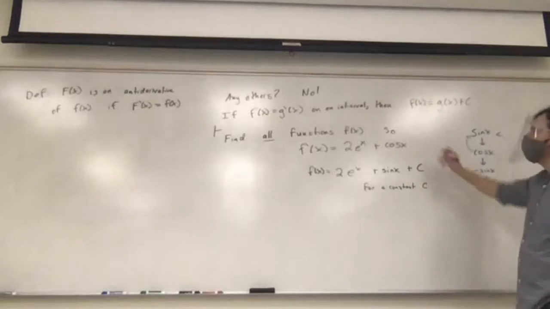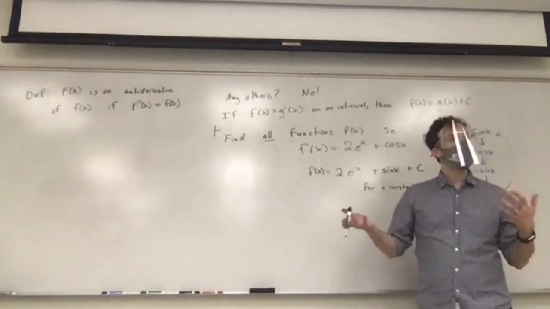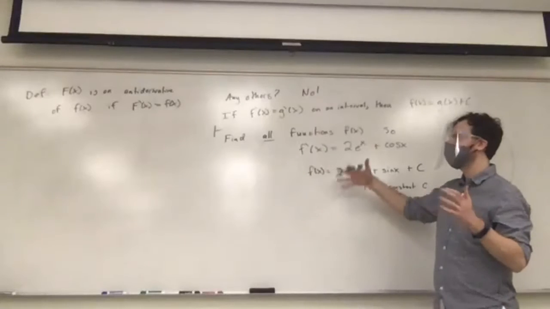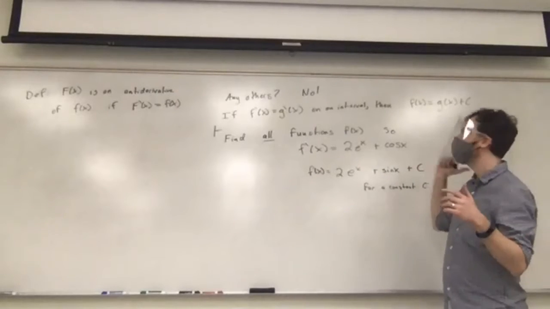So that's really what we've been doing here. Given a function, find its antiderivatives: find the functions that you differentiate to get here. So we differentiate backwards.